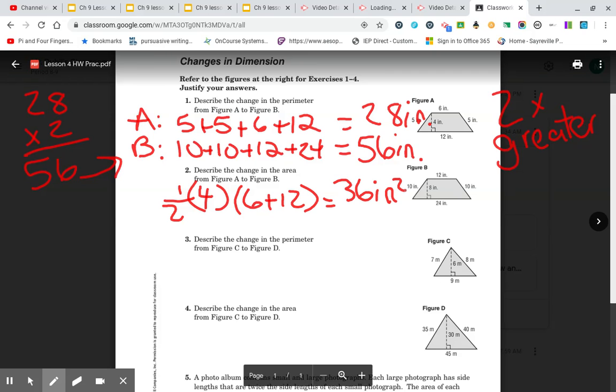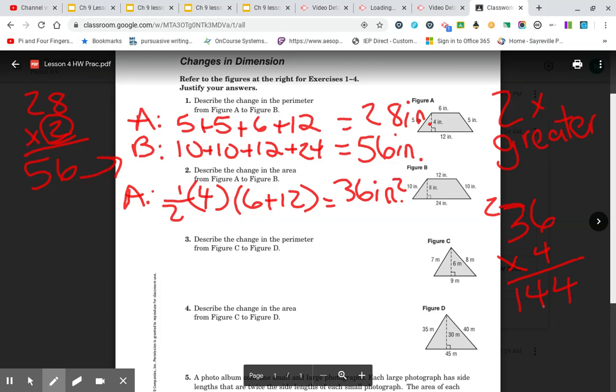I'm not going to show all the math here. I'll talk about it. Figure B is now going to be 4 times that amount, because you take the scale factor of the 2 here and you square it. Remember, 2 times 2, which is 4. So literally you can just do 36 times 4, which is 144.